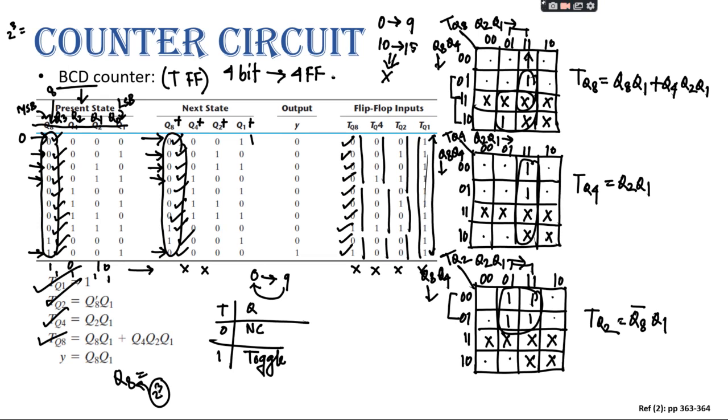I mean, sir, in the K map we are taking Q1, Q2 on this side and Q4, Q8 for every K map, why is that? Because when we are writing here, this is the most significant bit, right? Yes, sir.